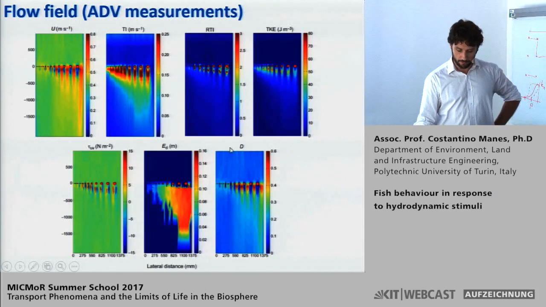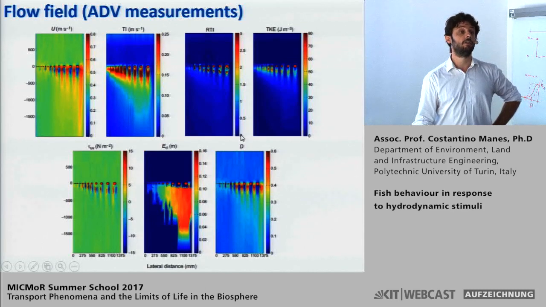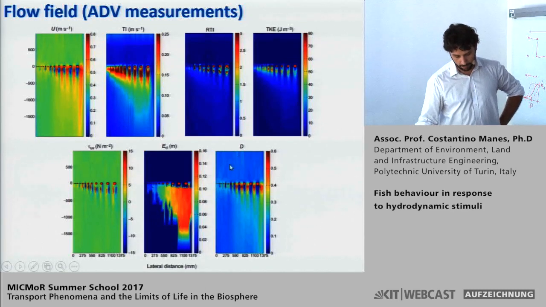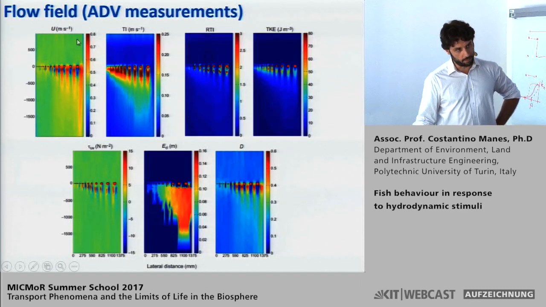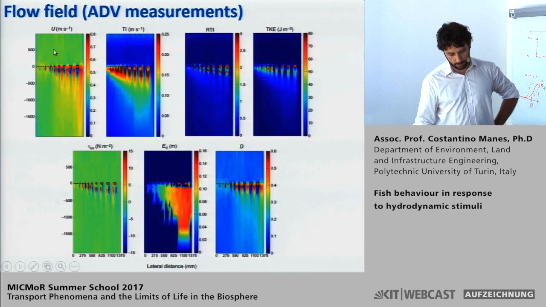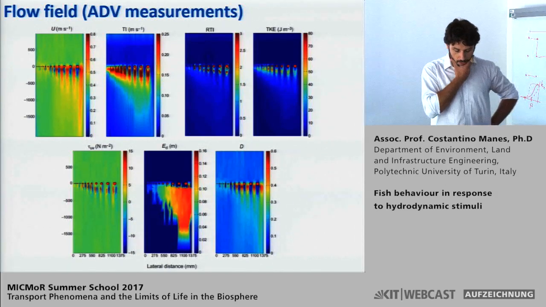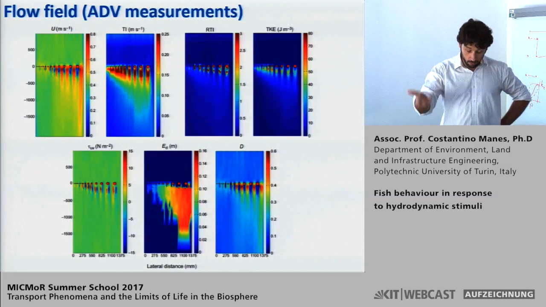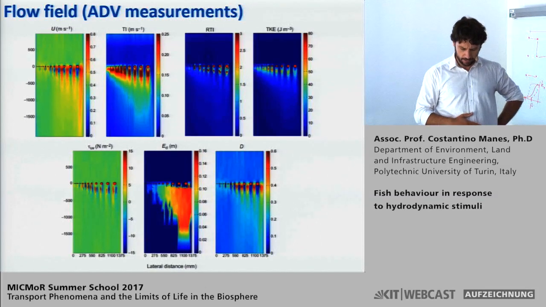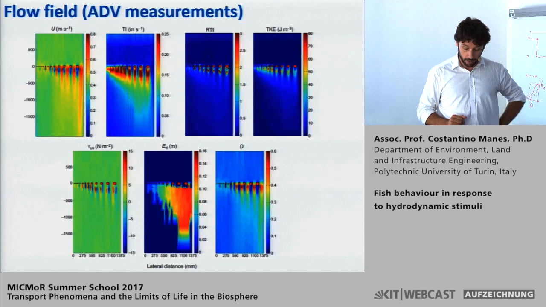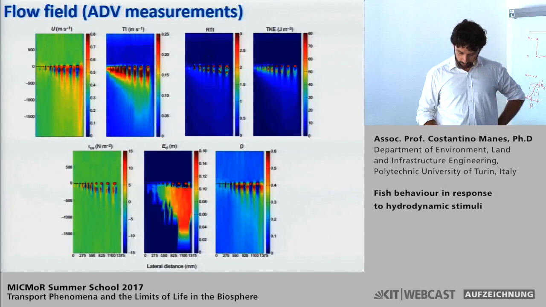And of course, we have also mapped the ad hoc drag function that we have defined. As you can see, it is not that different in patterns from the mean velocities, but there are some differences, and these will have a slight effect, as we will see, on the space used by the trout.